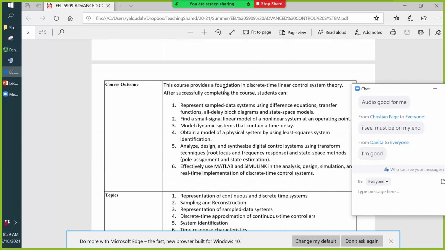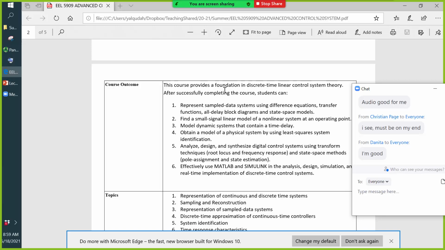Okay. Now you are familiar with linear control. Most of you have taken linear control. So what this course is going to be doing is we're going to be doing similar topics to what we covered in linear control, except we're going to be doing it with a digital controller.